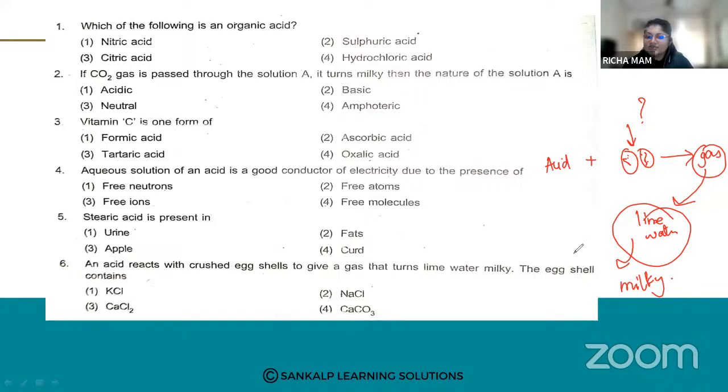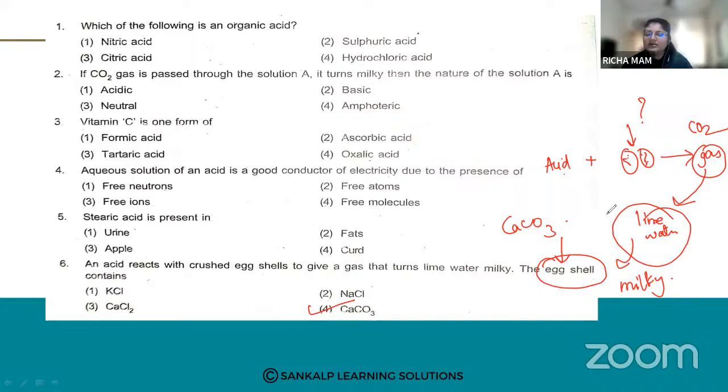The eggshells are made up of calcium carbonate. Remember that they are made up of calcium carbonate. The gas released when the acid reacts with calcium carbonate is carbon dioxide gas.